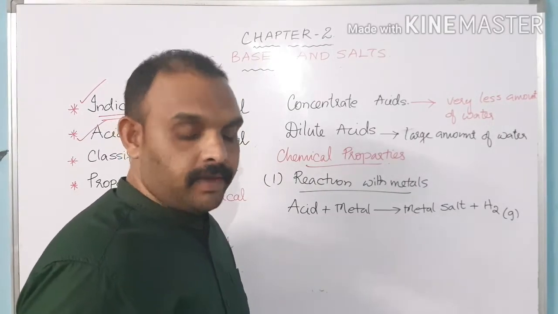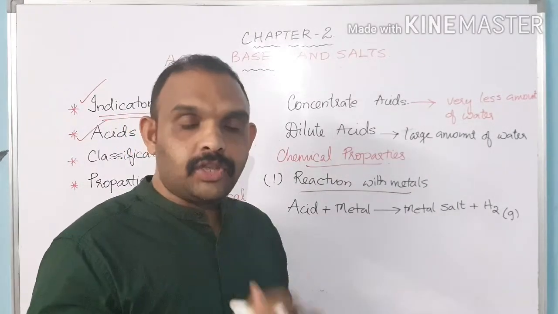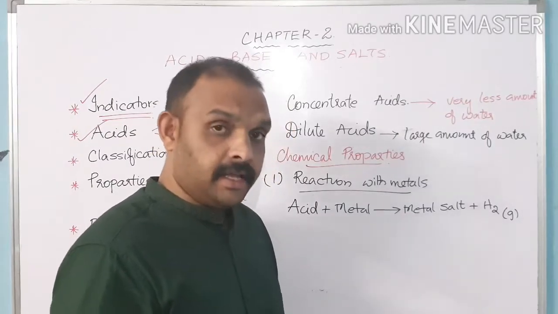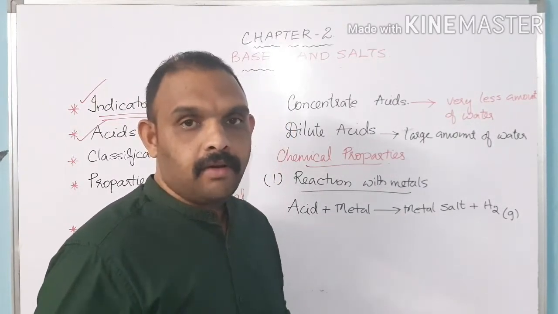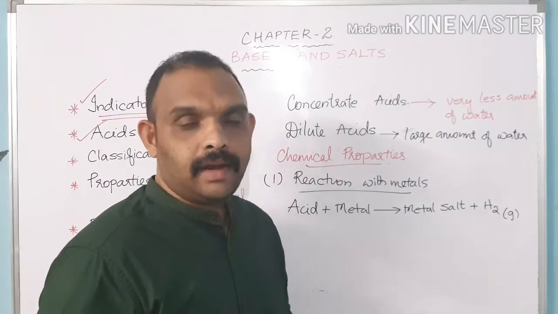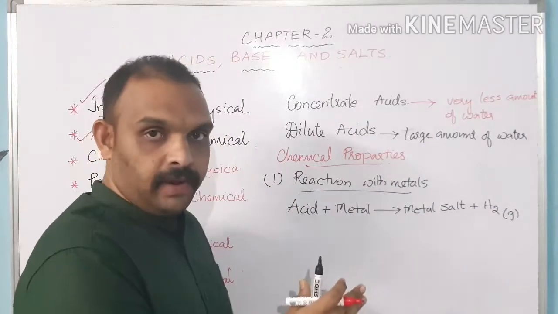To prove it, we have an activity in our NCERT textbook. That activity is very important because it is very commonly asked in the board exam paper. I will explain the activity briefly.